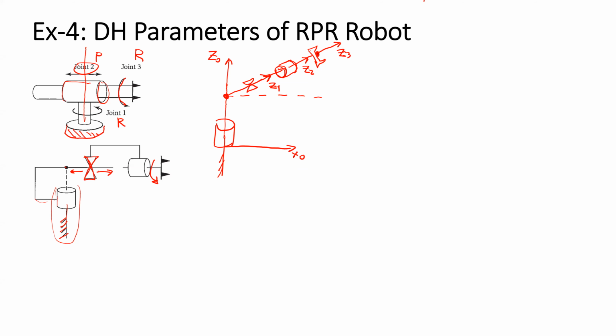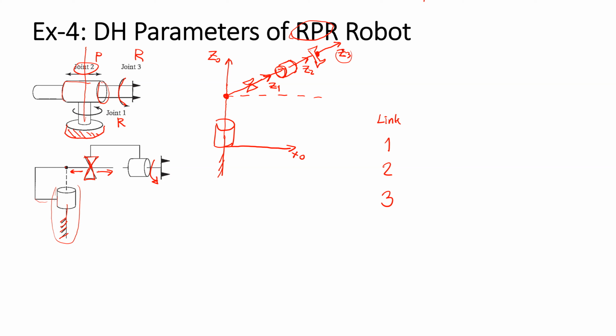So in this case, we have 3 joints, and we have link 0, link 1, 2, 3. We should have frames from frame 0 to frame 3.